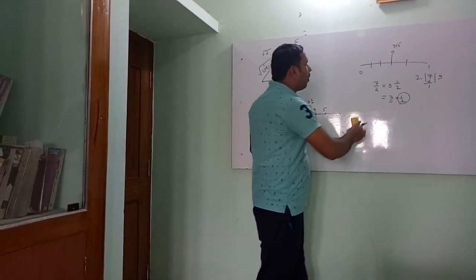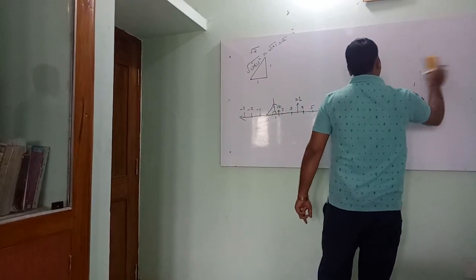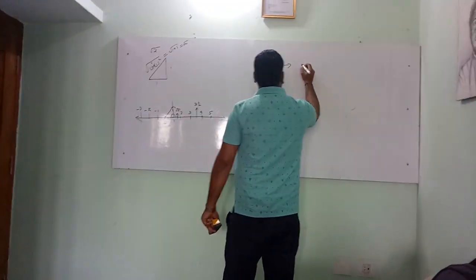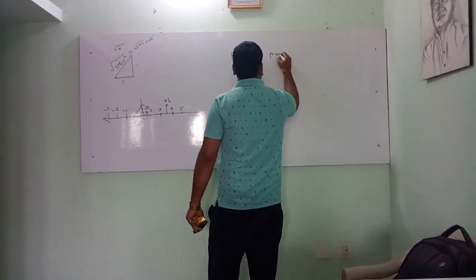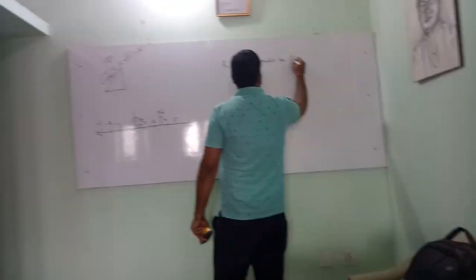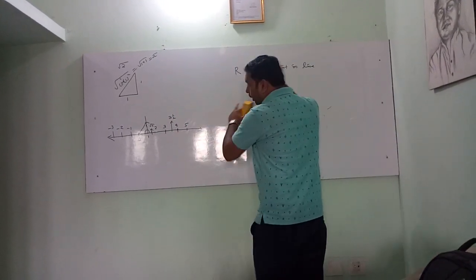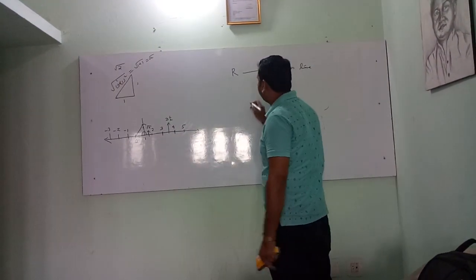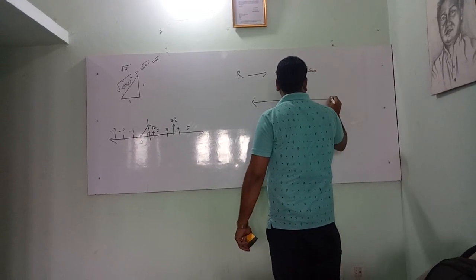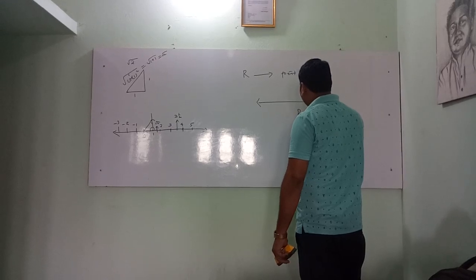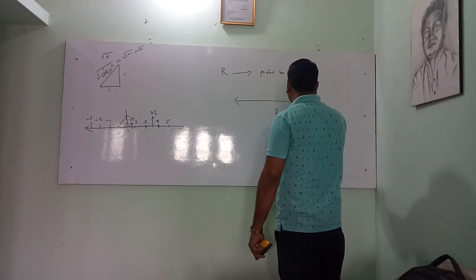That means every real number is nothing but a point in the line. That's why this is called a real line. Geometrically it is called the real line.